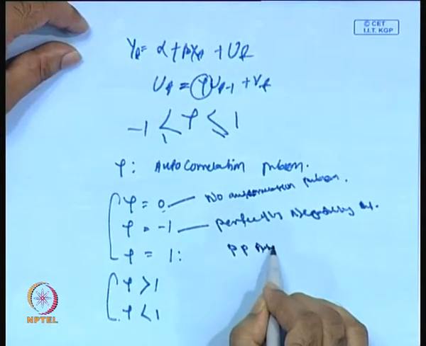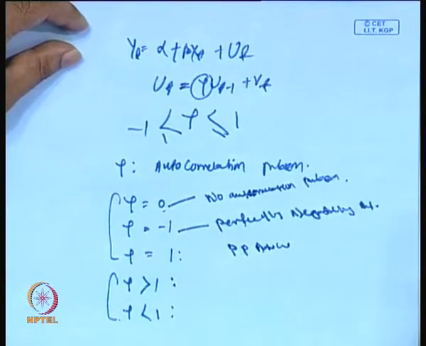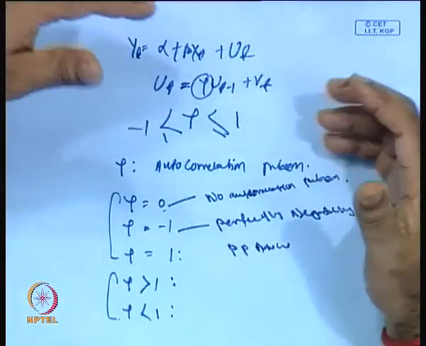When rho equals 1, it is perfectly positively autocorrelated. Then so far as rho greater than 1 or less than 1, it is a very complex issue how you have to properly interpret, unless you know the exact value of rho. Greater than 1 means it may be 2, it may be 1.2, 1.3, it may be 10, 20, 30.